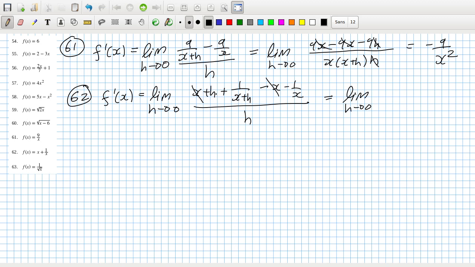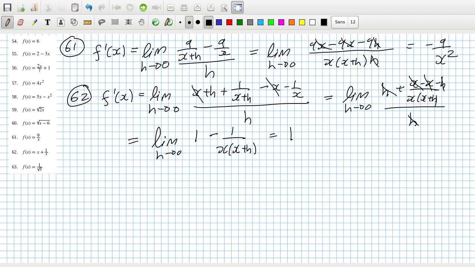So I've got a stray h here. I'm going to leave it out and then put these together. So that will be x times x plus h. And then that'll be x minus h. So the x's cancel out, and that conveniently cancels with the h as well. So that's just going to leave the limit as h goes to 0 of 1 minus 1 over x times x plus h, which will be 1 minus 1 over x squared.